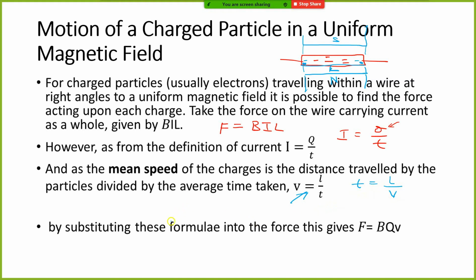What we're going to do now is put some information into our formula. So force is now equal to B times I. Well, you no longer have I in the equation.